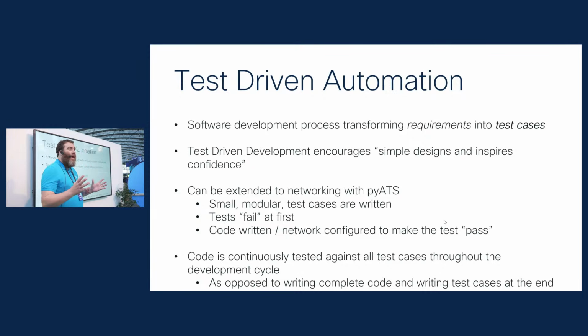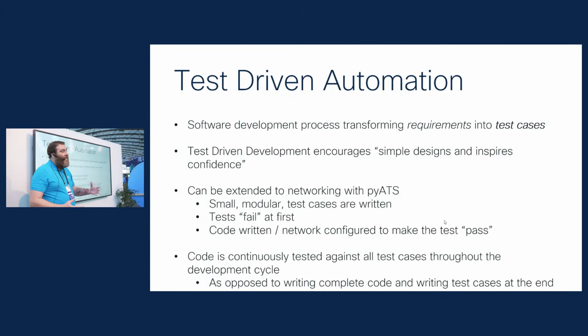Can you think of maybe why we want the test to fail? Well, how do we know that the test has passed if it's never failed, right? So we start actually with a failed test. Then we write either the code or we implement some configuration in the network to make those tests pass. Now we have the confidence in our code and the confidence in the network.